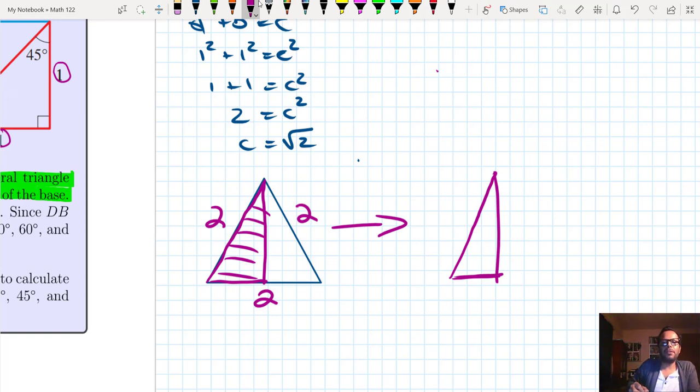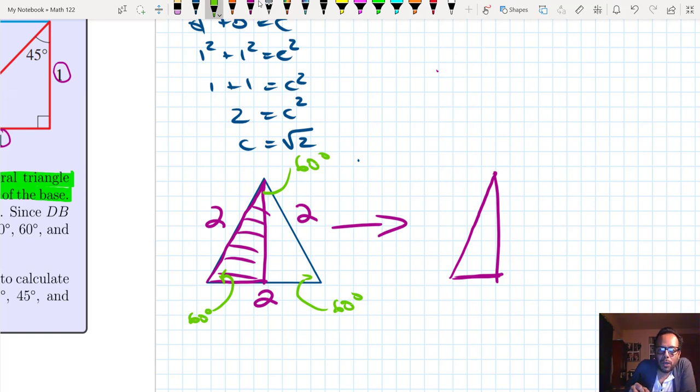What about the angles in this equilateral triangle? It would be a good idea to label. This is 60 degrees. This is also 60 degrees, right? And this is also 60 degrees. If you add the 3, 60 plus 60, that's 120, plus 60, that's 180, right?